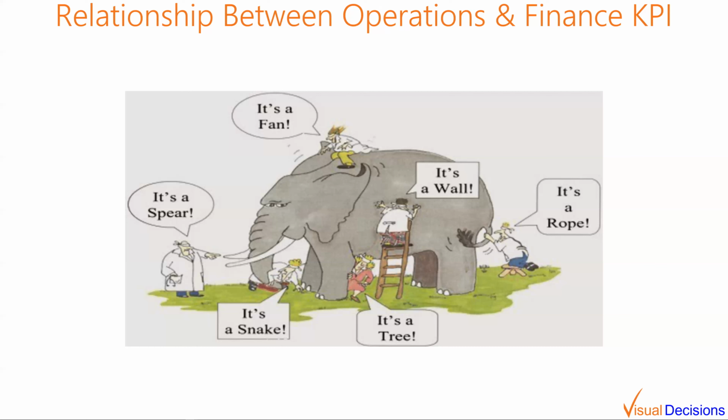And so what we want is clear alignment between those, so that we can really look at those things that operations is used to looking at, get a clear translation into the finances of the business, and present that to management so that they can make the appropriate changes in real time, pull the right levers to do the right things, so that the business is running optimally.